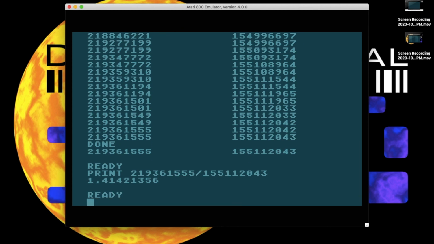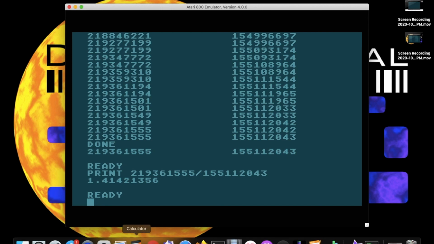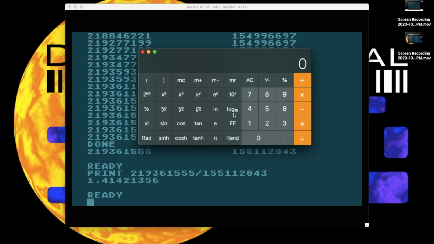And then we should try it in the Atari calculator or the Mac calculator just to make sure. See how close it is. So 219361555 divided by 155112043.